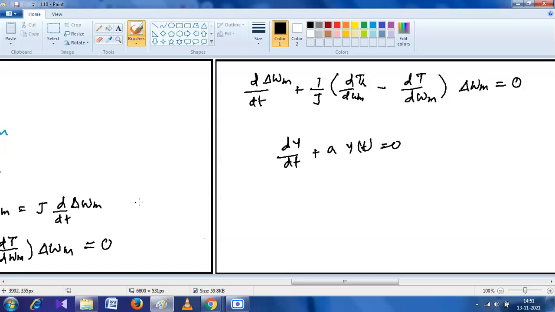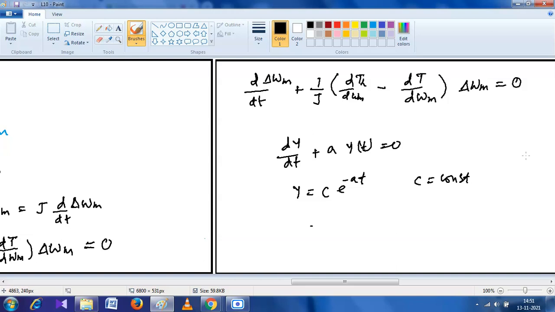The solution is y is equal to c e to the power minus at, where c is a constant whose value depends on the initial condition. That means at the time t is equal to 0, what is the value of y? From that point, we actually get the value of c.